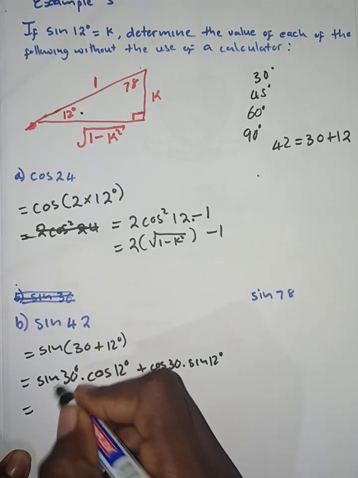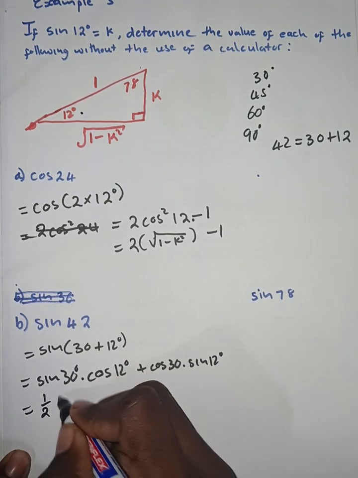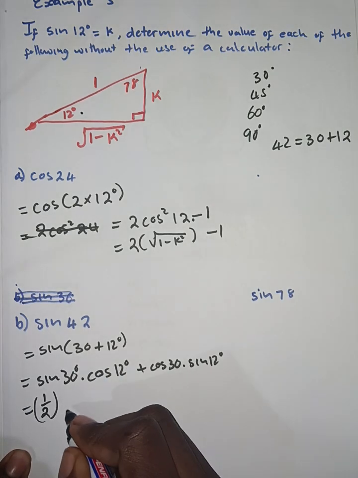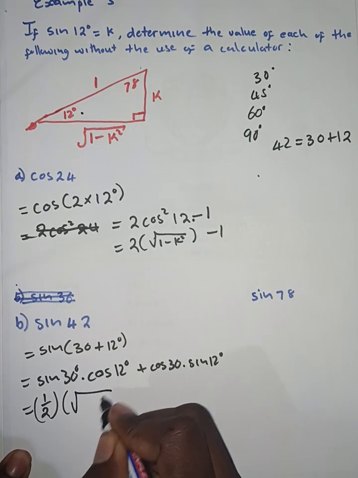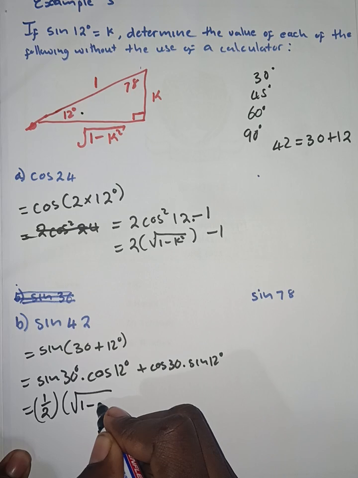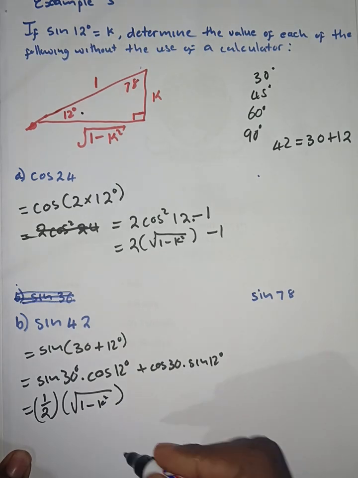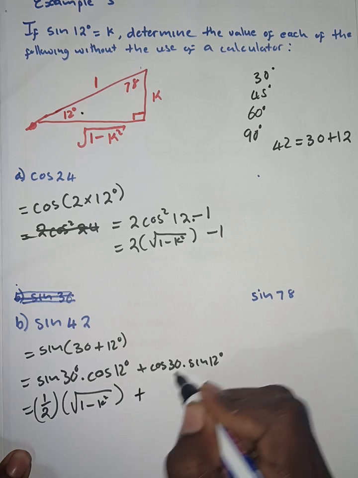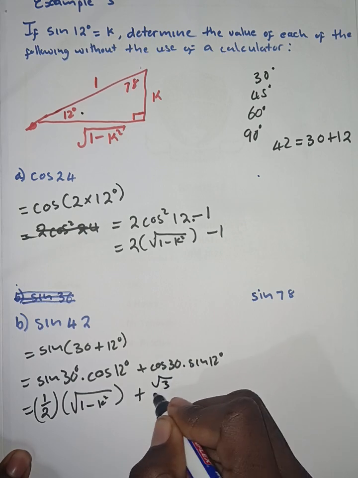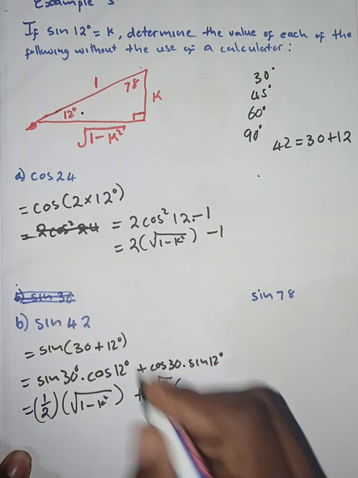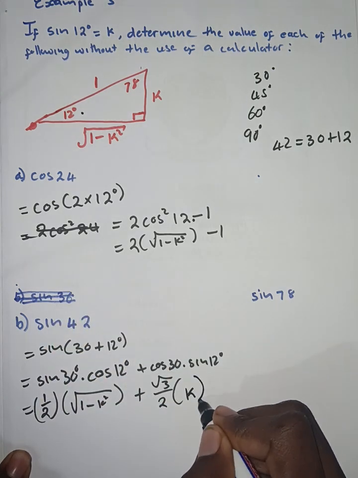We know that sine of 30 is a half, and cos of 12 would be root 1 minus k squared. Plus cos of 30, that's root 3 over 2, and the sine of 12 that was given to be k.